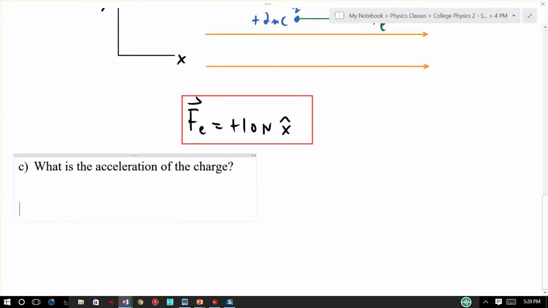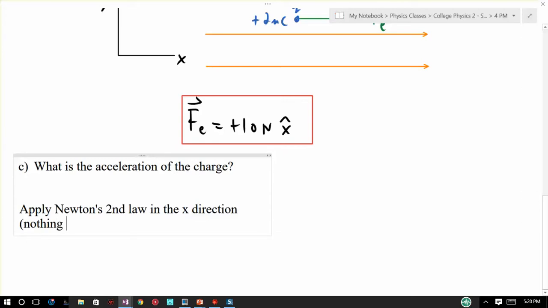You're going to use Newton's second law, basically, right? So we're going to apply Newton's second law. In the x direction, there's only one force that's in the x direction. Nothing here is in the y direction.